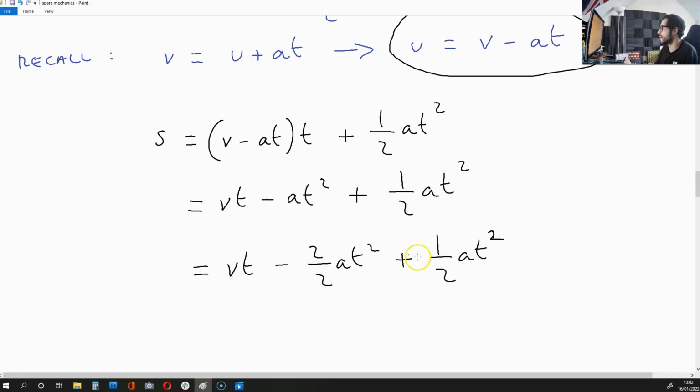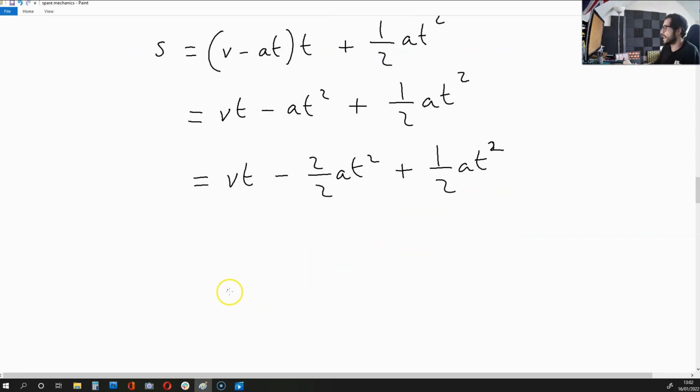So these two over here are equivalent. And that leaves us with, because a half minus 1 is minus a half, vt minus half at squared, okay, which is s.